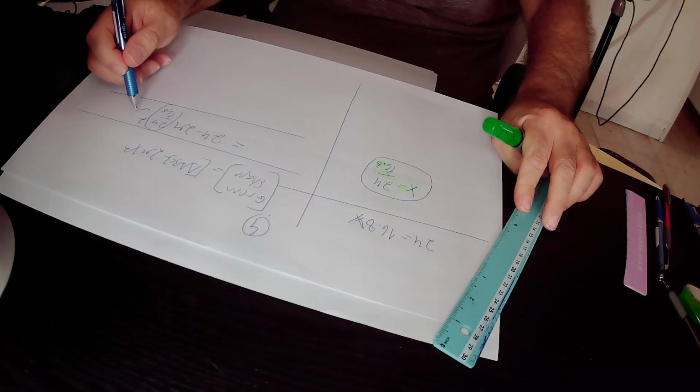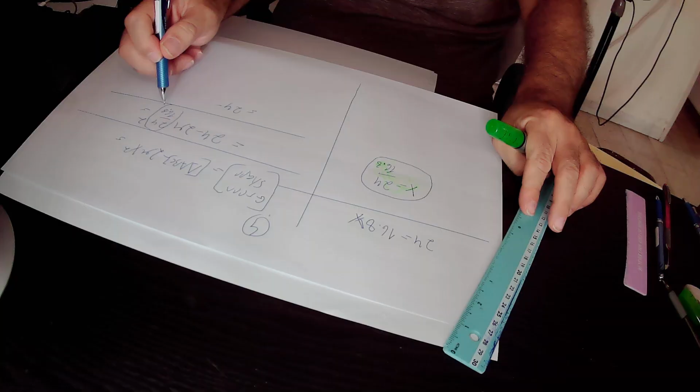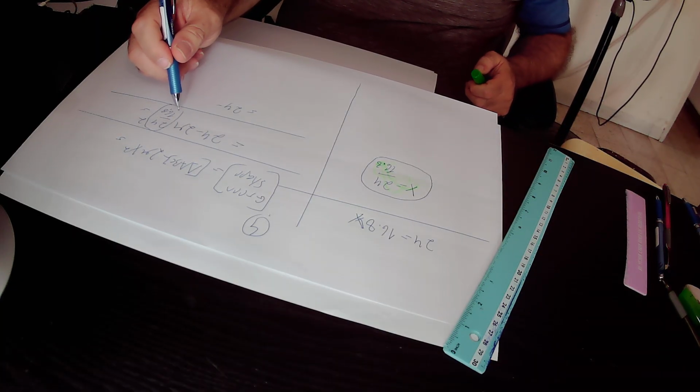So the area of the green shape in total equals 24 minus the value of this expression.